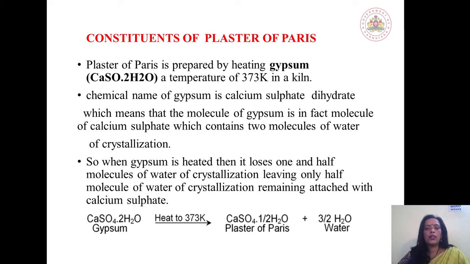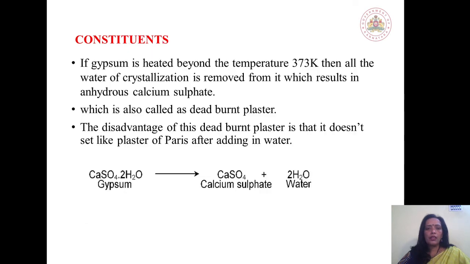The other one and a half molecules of water can also be eliminated. If the gypsum is heated beyond a temperature of 373 Kelvin, all the water of crystallization is removed from it, resulting in anhydrous calcium sulfate. That is, CaSO4.2H2O is converted into CaSO4, calcium sulfate, and two molecules of water, 2H2O.